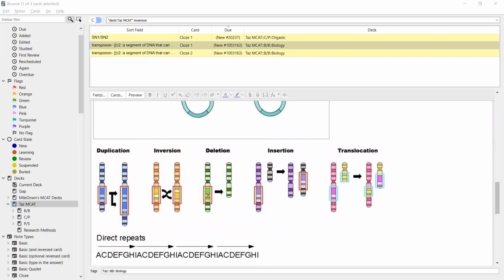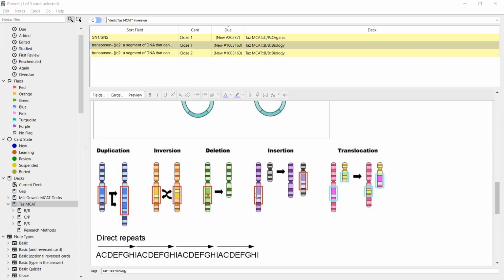This part got duplicated. Inversions are when this part got flipped entirely. You can see it's yellow, white, but now it's white, yellow. Well, actually, wait, no, yeah, that's what it is, right? It got flipped around. Then a deletion is if a part of it just gets deleted straight up.